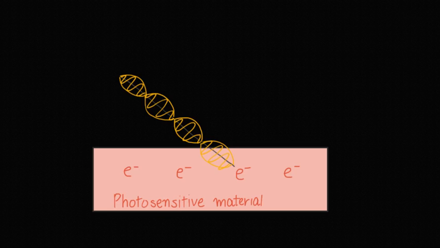The photoelectric effect takes place when you have a photon, this is your photon, which interacts with the electron of the photosensitive material. When this photon goes and strikes this electron, the photoelectric effect is the interaction of these two particles only.